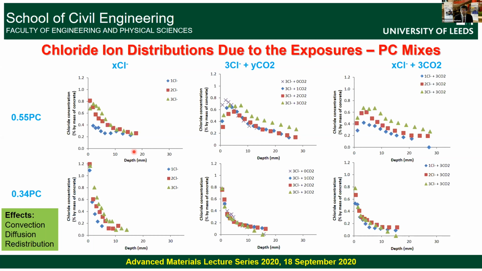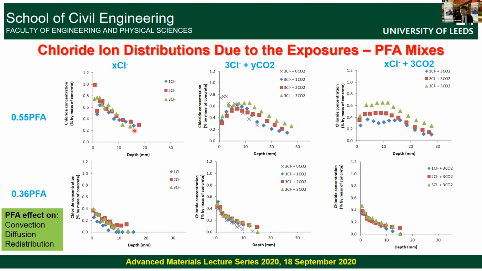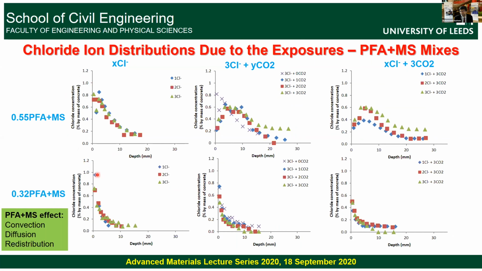The effect of combinations should be used. And that is again seen for the other type of concrete, the PFA. Now you see that the big surface chloride concentration we found in PC concrete is not seen in the PFA, whereas when you go for the combination of microsilica and PFA, again the surface chloride is going up.